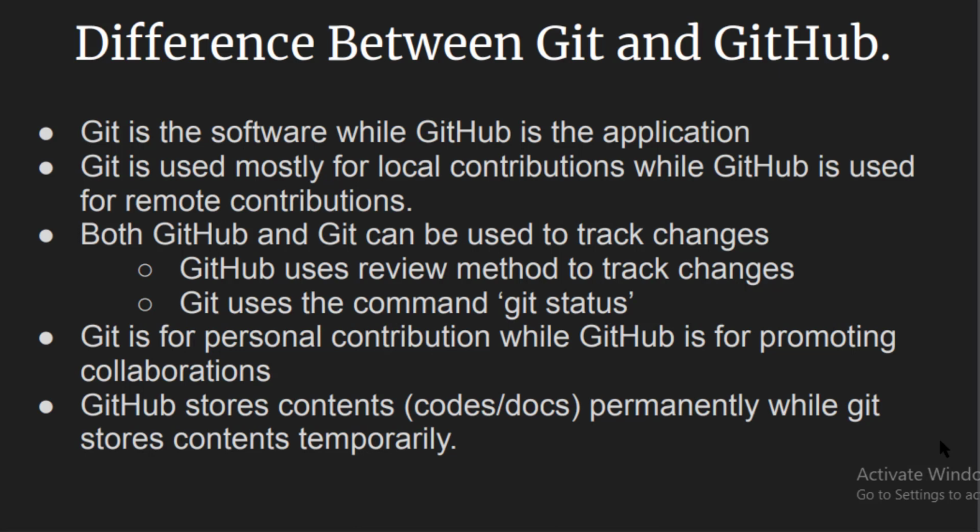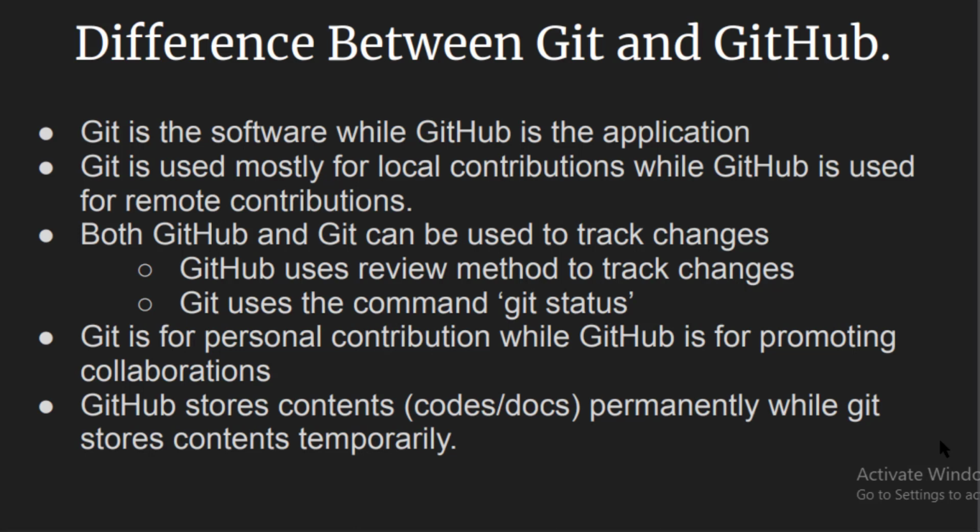Both GitHub and Git can be used to track changes. GitHub uses the review method to track changes. If we move to the remote repositories on the GitHub application, you can see the changes people have made, maybe on your project or on other projects, through the review method, reviewing the changes people make, so you can track any changes being made.